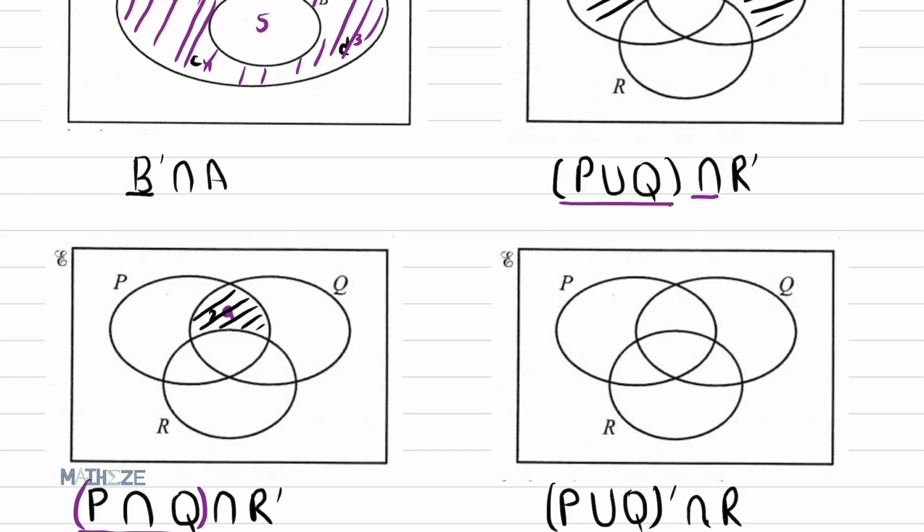Let's practice more. P union Q complement. What does this mean? Everything other than P and Q. So I wrote letters in that area. Intersection R. So I wrote numbers in R. Guys, what's the area with numbers and letters?